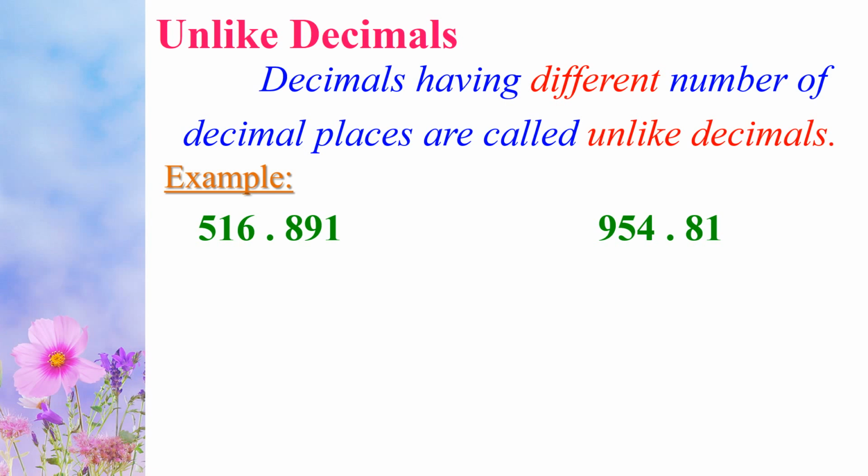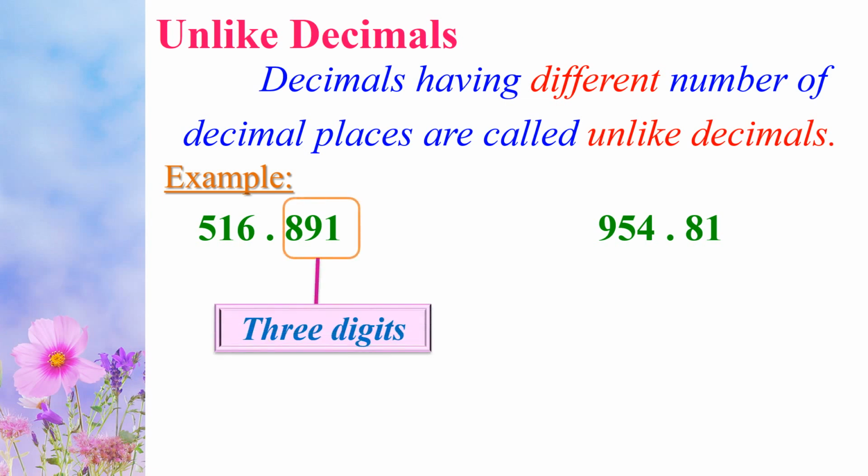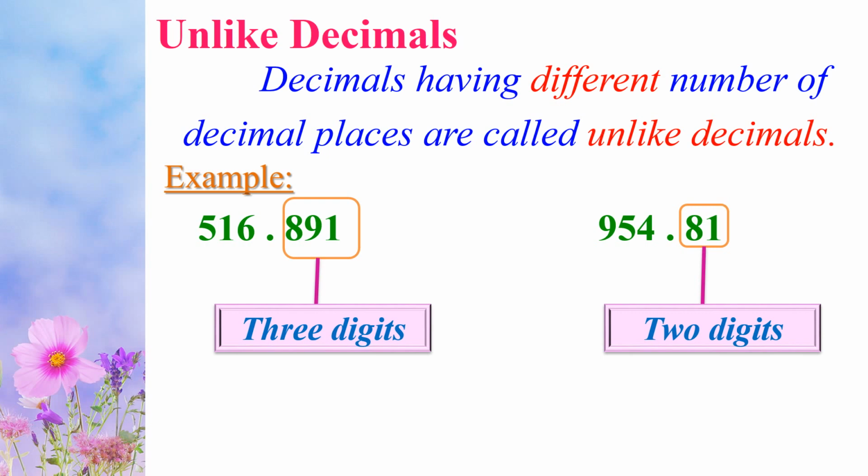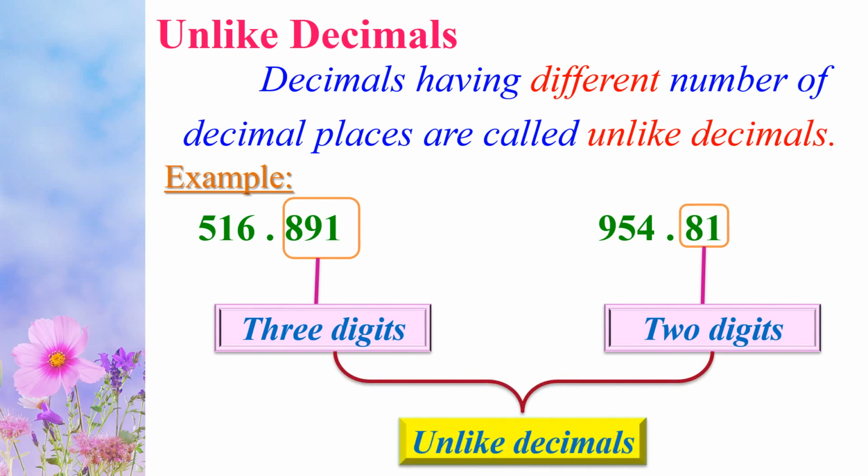Let us find the number of digits in the decimal part. The first decimal has 3 digits in the decimal part. The second decimal has 2 digits in the decimal part. So these are called unlike decimals because the decimals have different numbers of decimal places.